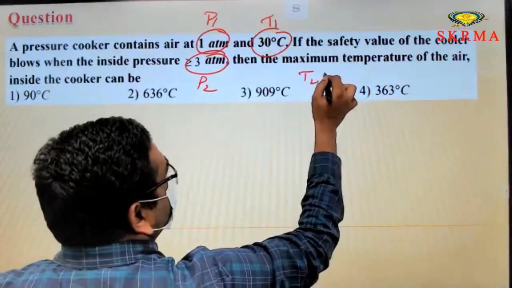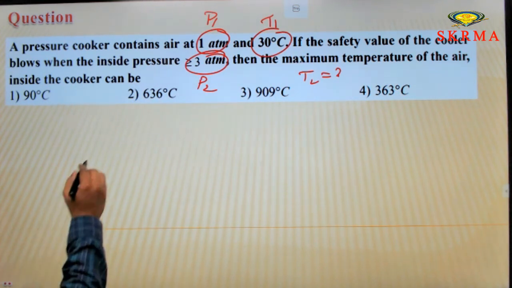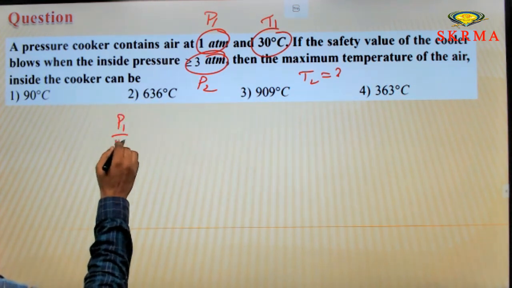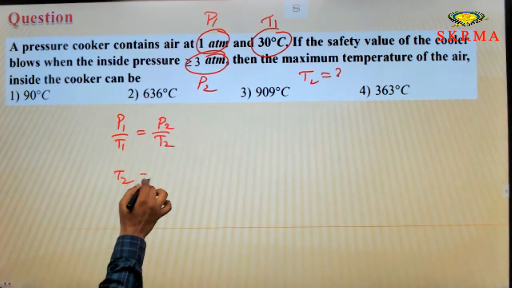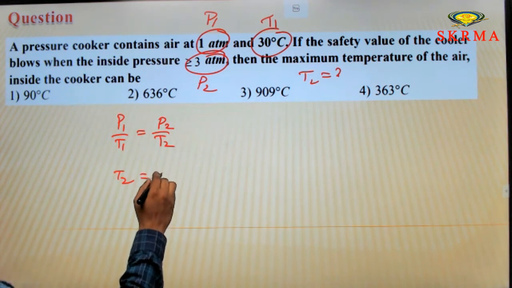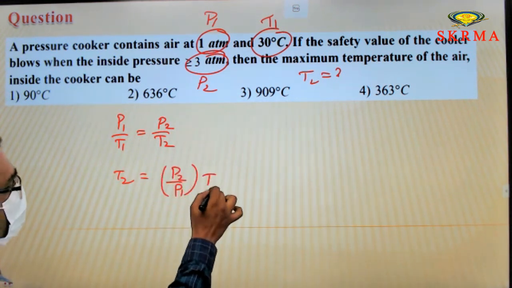We need to calculate T2. So which process we need to consider? Just consider the ideal gas equation. P1 by T1 equal to P2 by T2. Then T2 equal to P2 by P1 into T1.